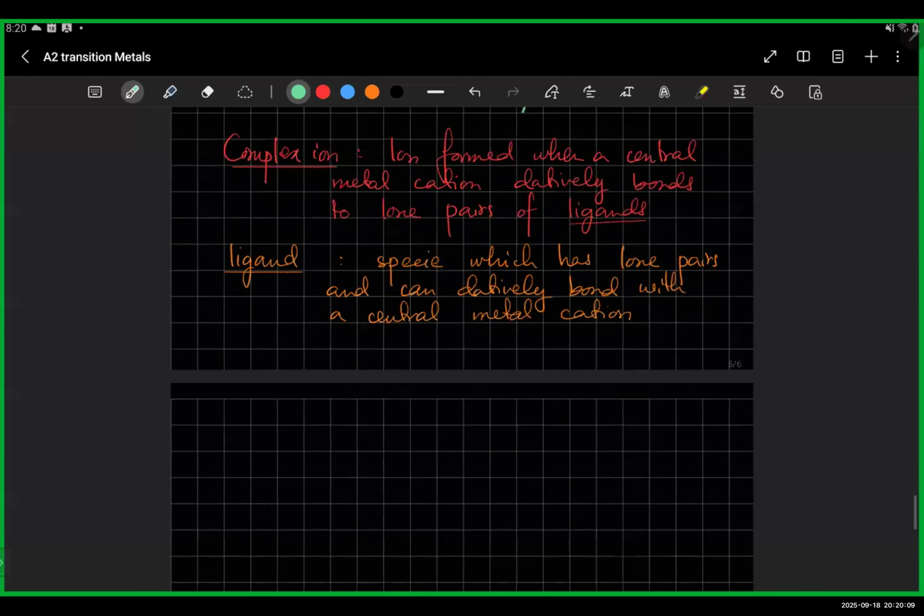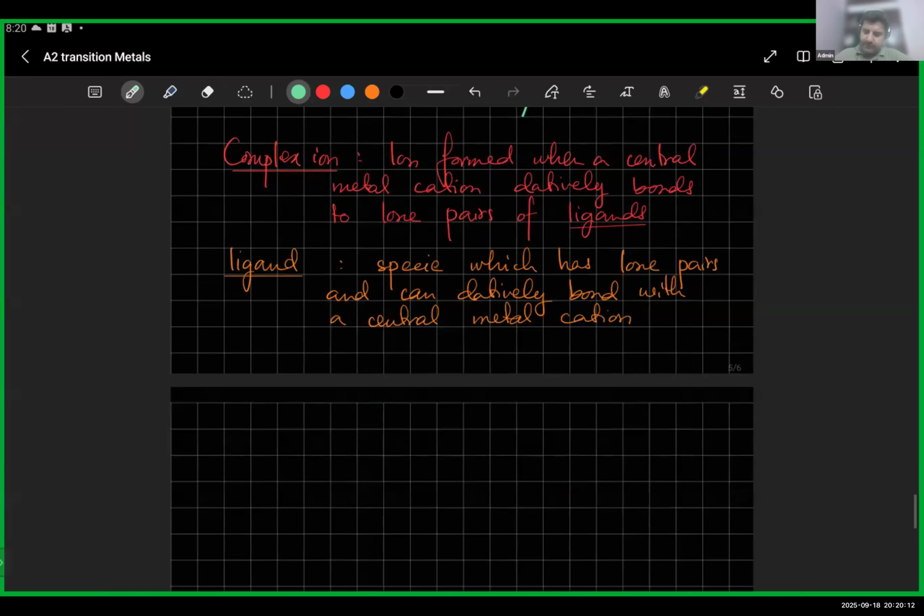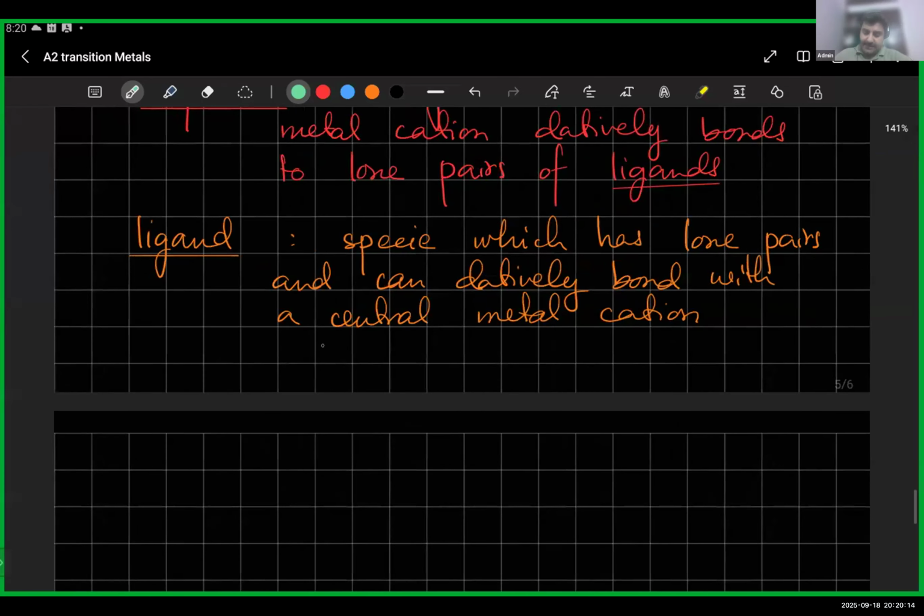Okay. And I'm going to give you examples. There's lots of species that are ligands. You've got water, which normally acts as a solvent, but you've got hydrated crystals as well. Ammonia is a good ligand. You've got OH minus ions, they are ligands.